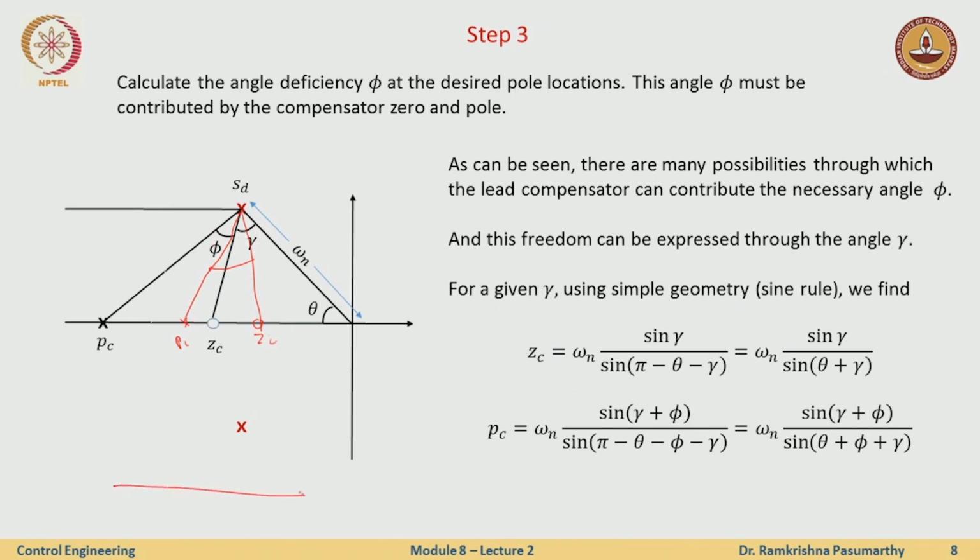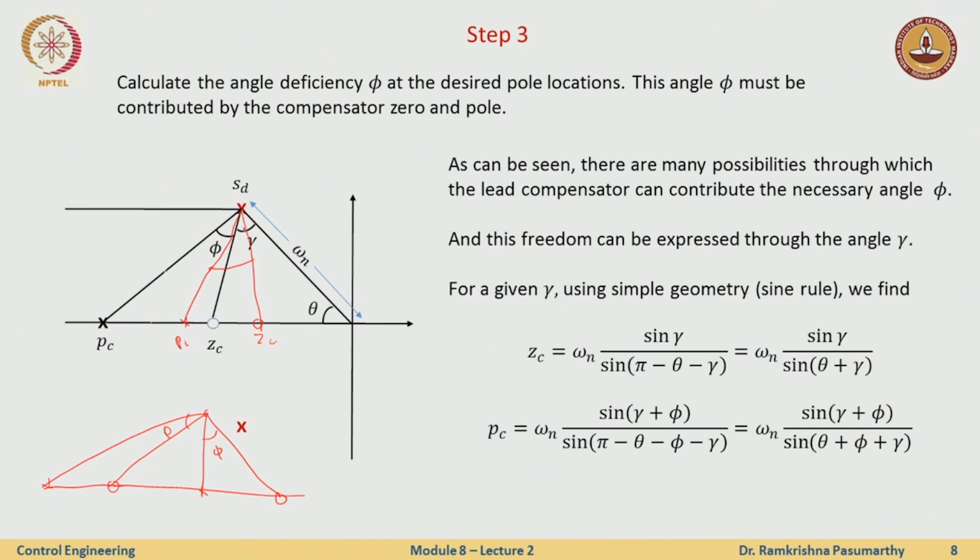There could be several possibilities. If this is my sd, zc, pc with phi could even be, well, this is zc, much further pc and so on. This is also phi. This is my zero, this is my pole. So what is a good location? Because there are infinite possibilities of zc and pc which give me this lead.